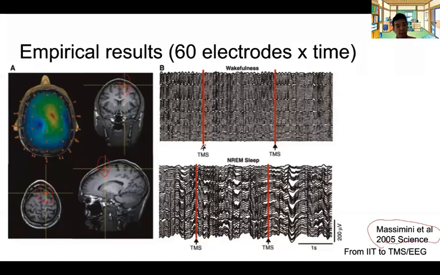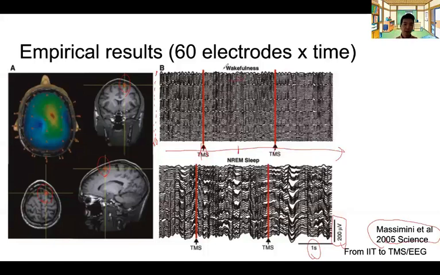And the figure in B is showing each of the EEG recording electrodes, from channel 1 to channel 60 or so, along this y direction, and each deflection corresponds to the EEG measurement. 200 microvolts here, and the x-axis is the time that goes from here to there. As you can see, each TMS pulse was applied at a red vertical line, and each pulse is separated by roughly 2 seconds.